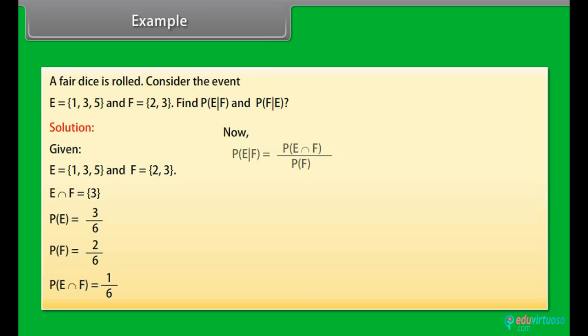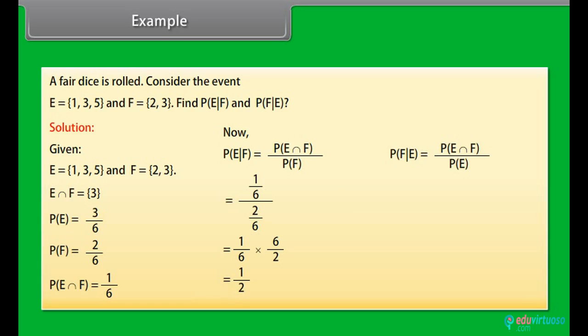Now, conditional probability of E when F is given is equal to probability of E intersection F by probability of event F is equal to 1 by 6 divided by 2 by 6 is equal to 1 by 6 into 6 by 2 is equal to 1 by 2.